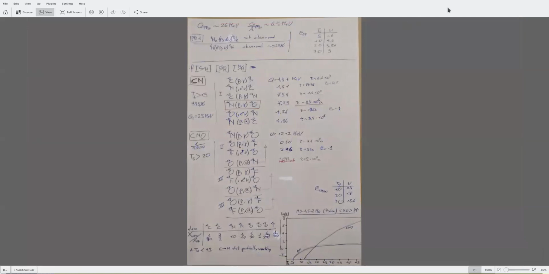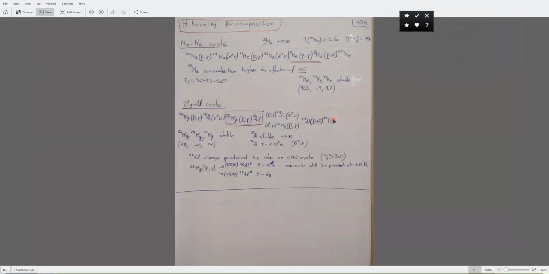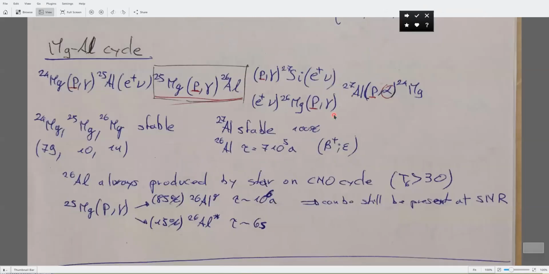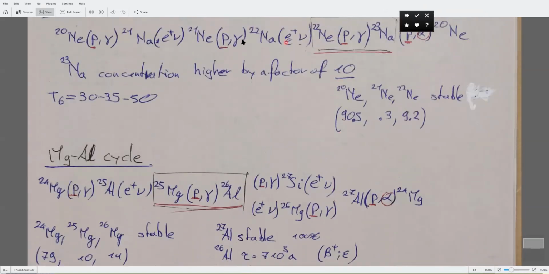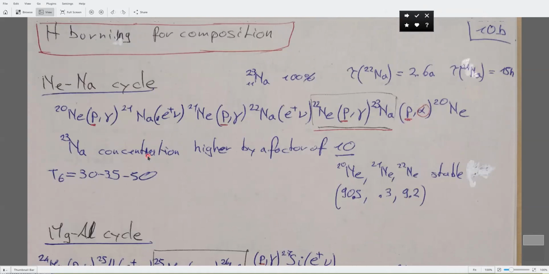Here we see that oxygen is very well depleted. Oxygen-16 is depleted, while here, with the cycle that is in parallel because they are in the same conditions, it's enhancing the sodium.